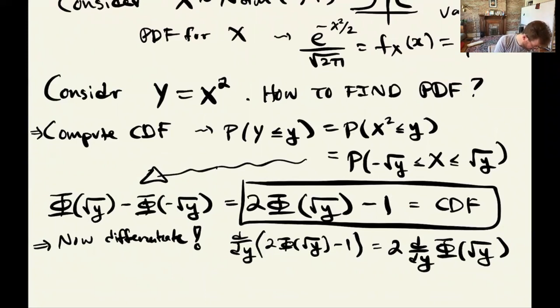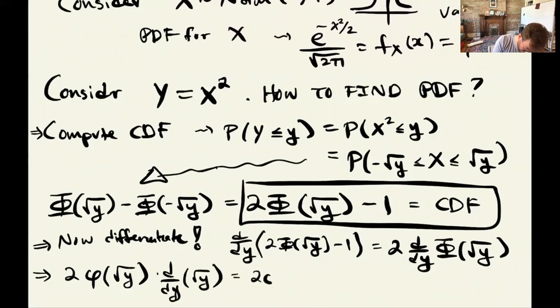So we now get something like 2 times little phi of square root of y. And then I need to take the derivative of the expression inside, so d/dy of the square root of y.